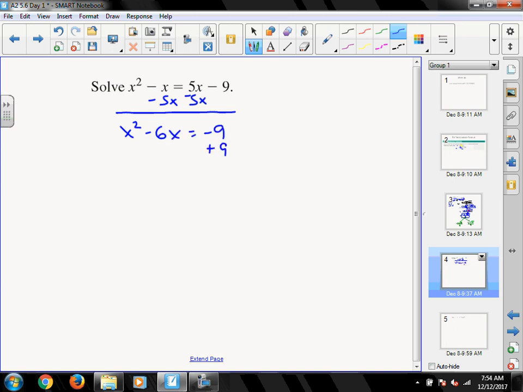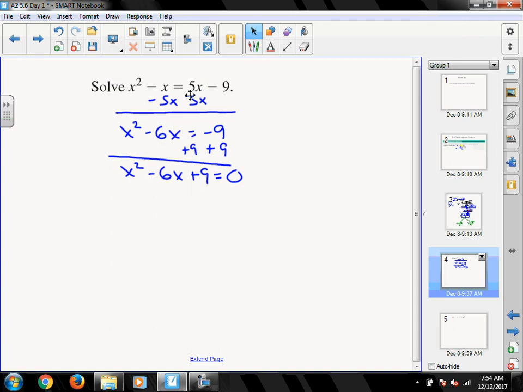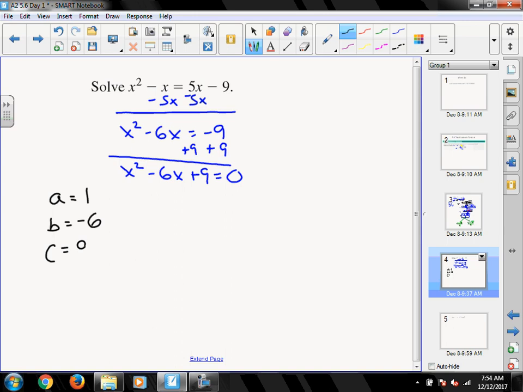And I add my 9 over, and I get x squared minus 6x plus 9 is equal to 0. From here, again, I identify my a, b, and c. A in front of x squared is going to be 1, b is going to be negative 6, and c is going to be 9.